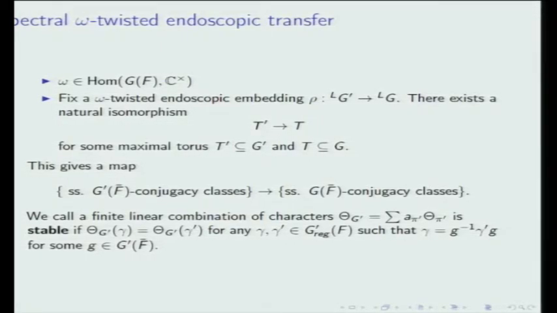So now, once we have the matching between the conjugacy classes on G prime and G, we can try to see what relation on the characters on G prime and G should characterize the map predicted by the local Langlands correspondence in the setup of endoscopy.